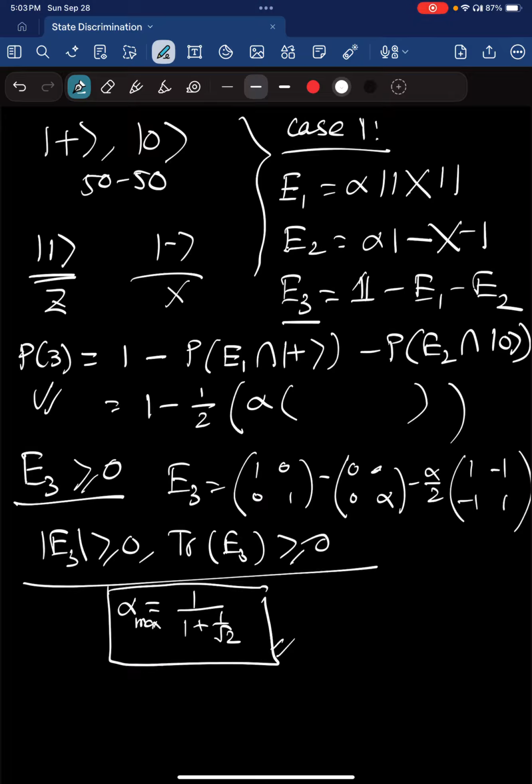Now, there is another case where you can say that I think I can afford some error, but what I cannot afford is a lower probability of detection. So now what you're trying to do is, let's say you have the state plus and the zero state here.